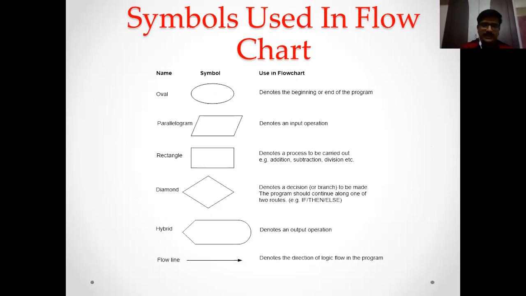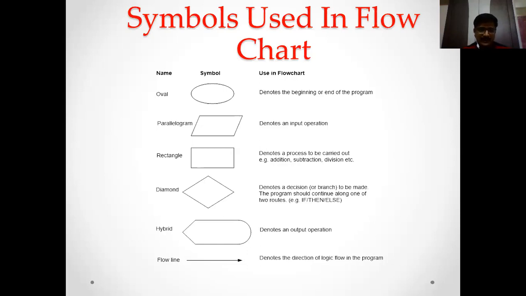Wherever there is an input, we go with the parallelogram. For example, in C programming, functions like scanf, gets or getchar should be placed into this parallelogram, because they give the input to our program.